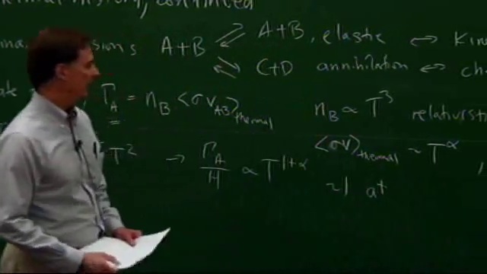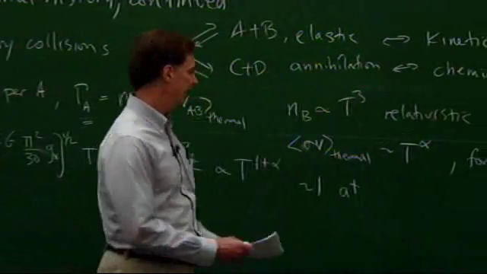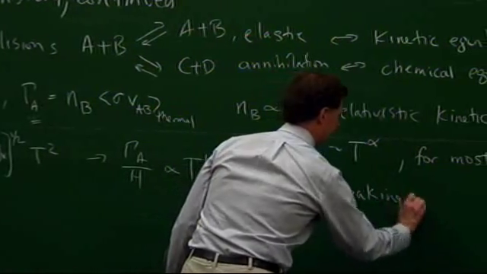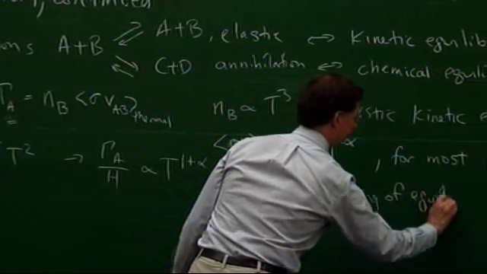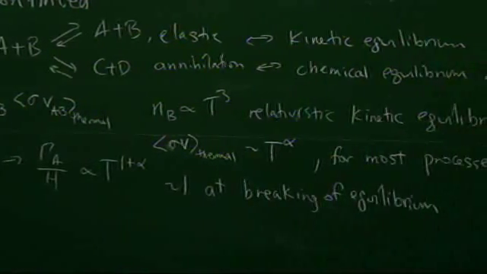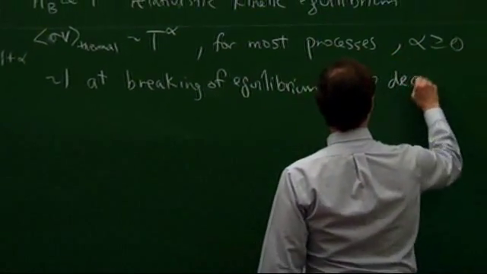And it becomes of order 1 at either the breaking of kinetic or chemical equilibrium. And those two different cases have names. For the breaking of kinetic equilibrium, it's called decoupling.